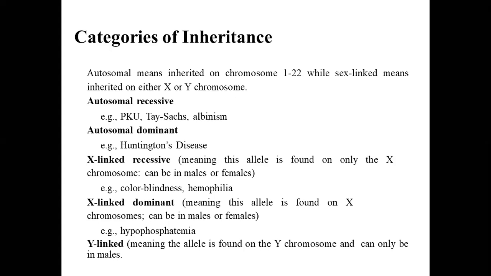We studied somatic mutations in our last lectures, and one pair of chromosomes are the sex chromosomes, X and Y. If there is a son, then there will be a Y chromosome, and if there is a daughter, then there will be an X chromosome. Female has two X and male has one X and one Y chromosome.